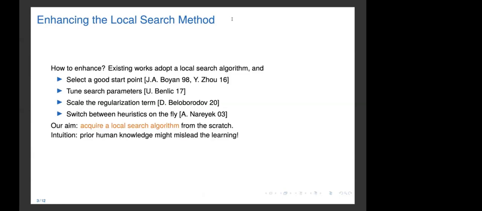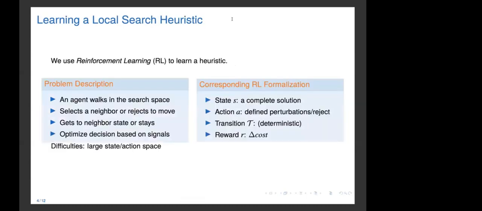We want to take one step further. Our aim is to acquire a local search algorithm from scratch. The intuition behind is that prior human knowledge might mislead the learning, so we avoid introducing too much prior knowledge. We will use reinforcement learning to learn a heuristic.